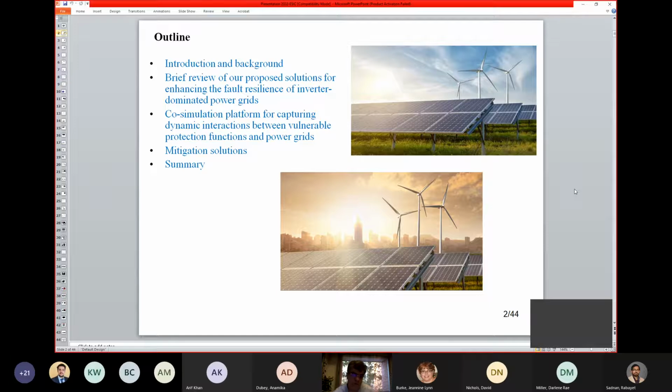That is mainly useful for dynamic security assessments when you want to integrate renewables into the grid. Then some mitigation solutions will be discussed, and then I will summarize my talk.